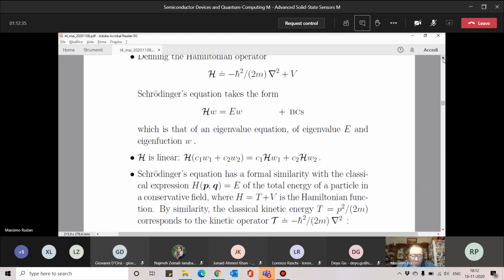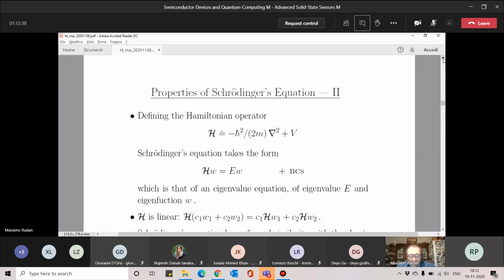So we take the Schrödinger equation, and for the moment, we assume that the solution of it is complex.